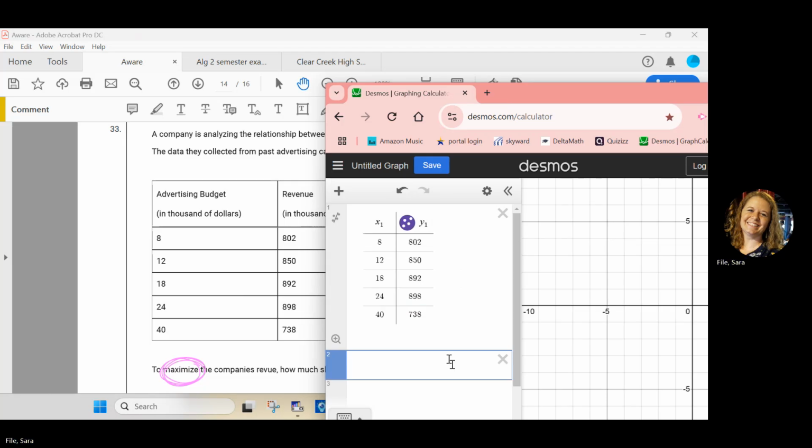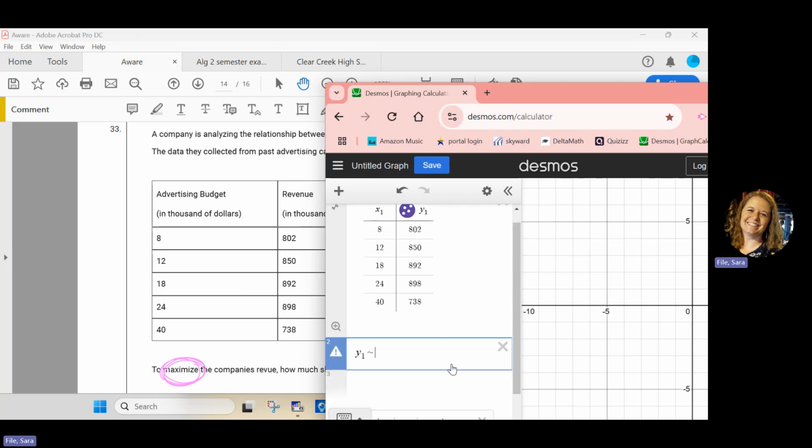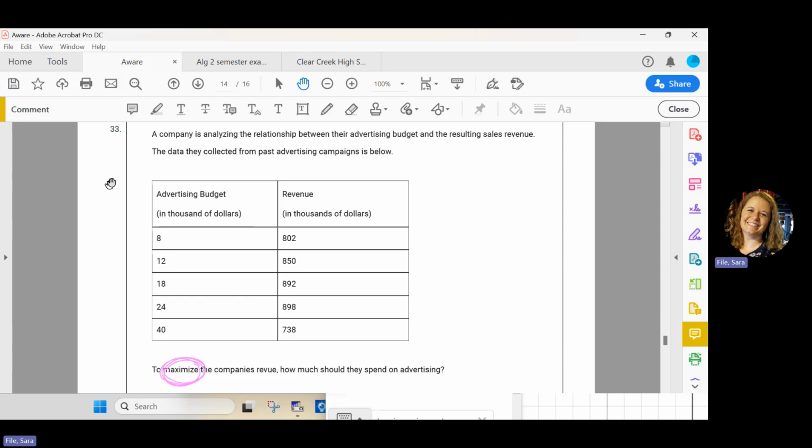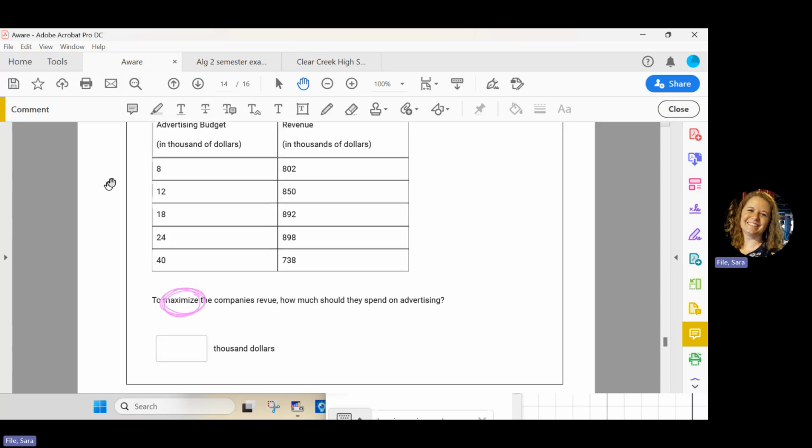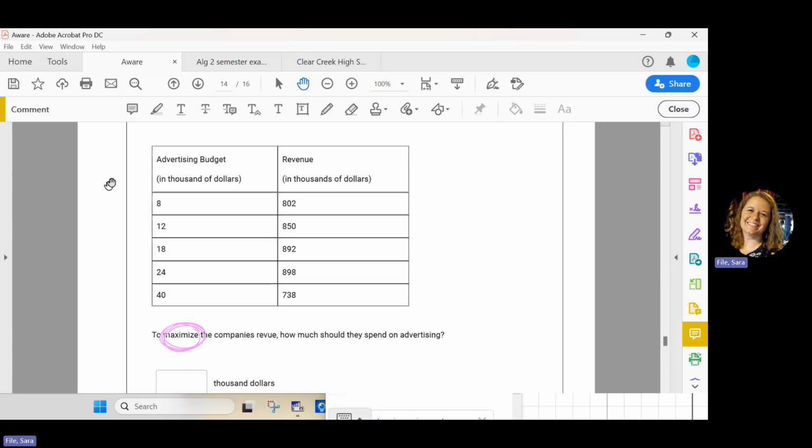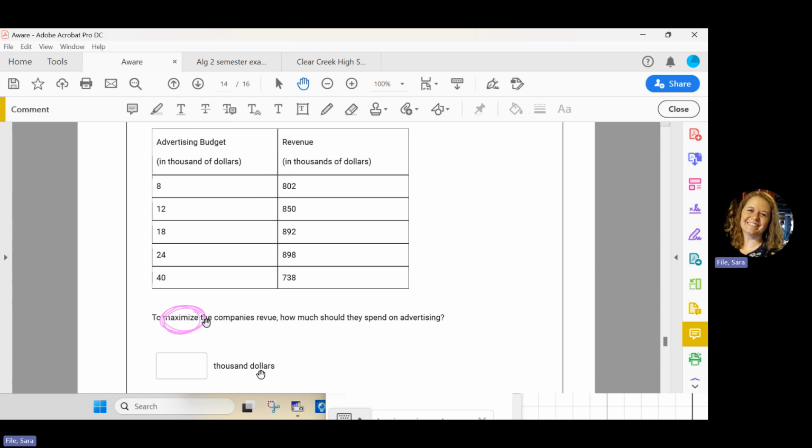Now, when we learned regression, the steps said to type this in as Y1 and then use the tilde, and it doesn't say anywhere on here if this is linear or quadratic regression. Both of those are on your reference sheet.